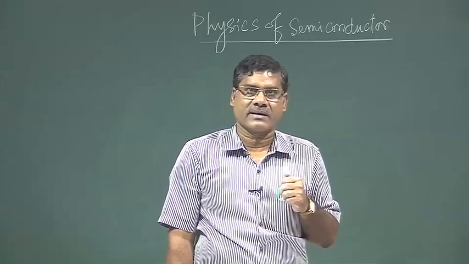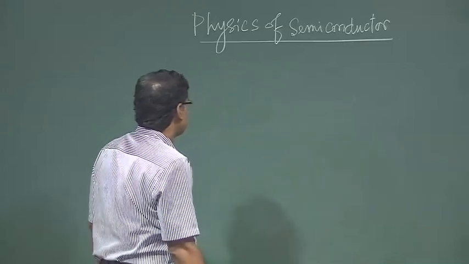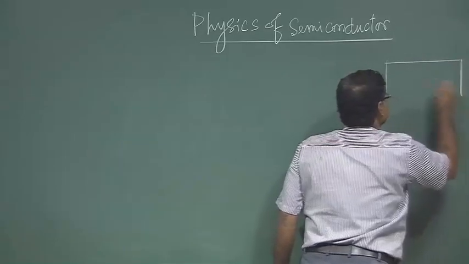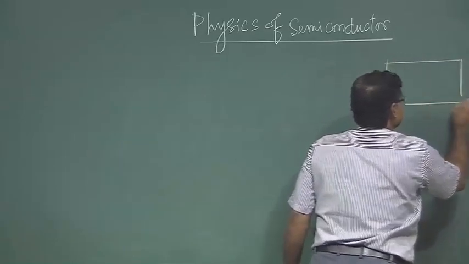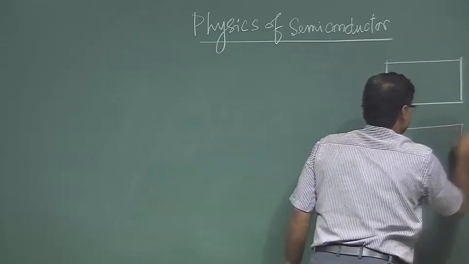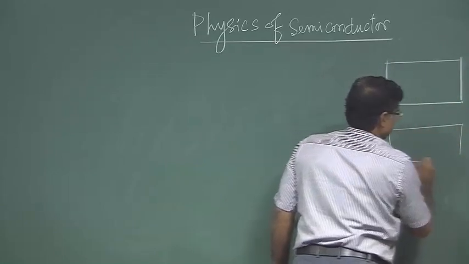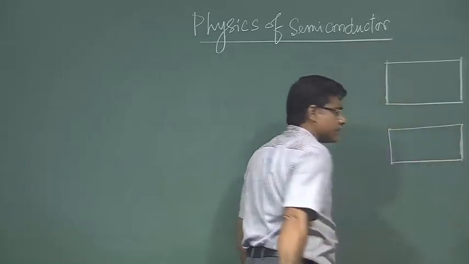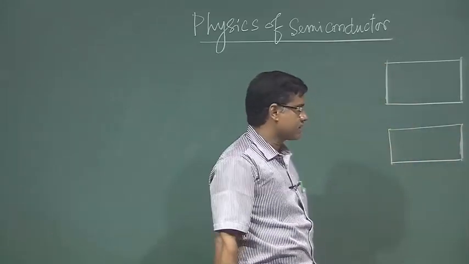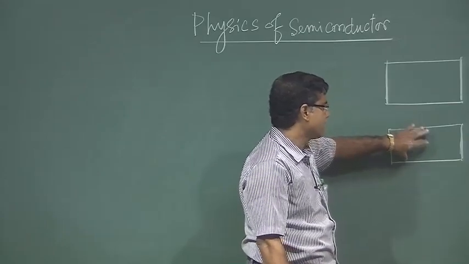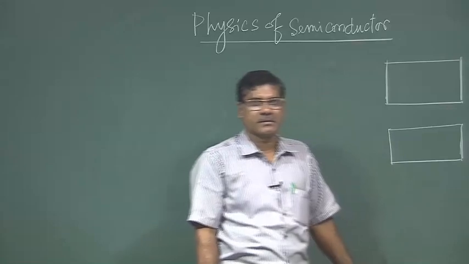Now, I have explained to you that if we take just two bands, the other is filled. So, take the upper filled or partially filled band and this empty band.